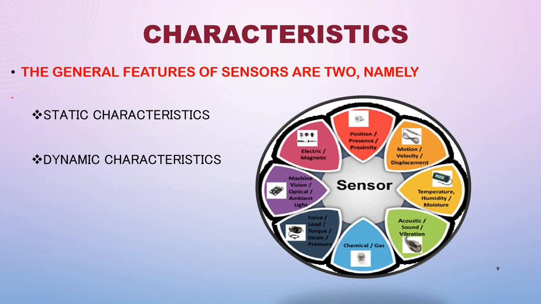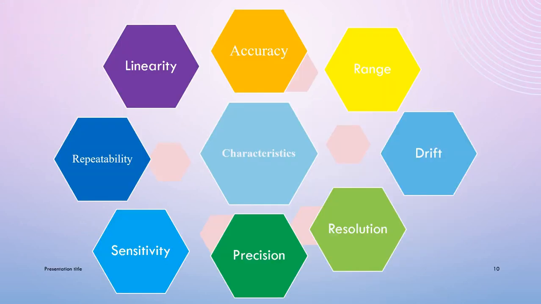This static characteristics is of many types, and the major and very important static characteristic is accuracy. Accuracy means that high-quality IoT sensors provide accurate and precise measurements. This ensures reliable data collection; calibration and quality control processes are implemented to maintain the data accuracy over time.